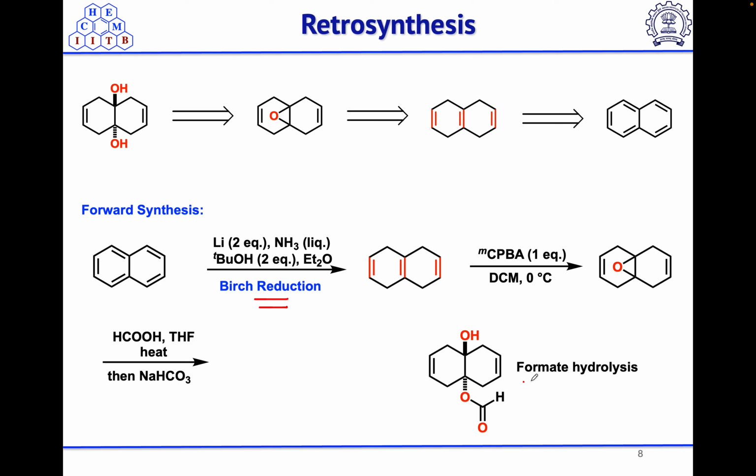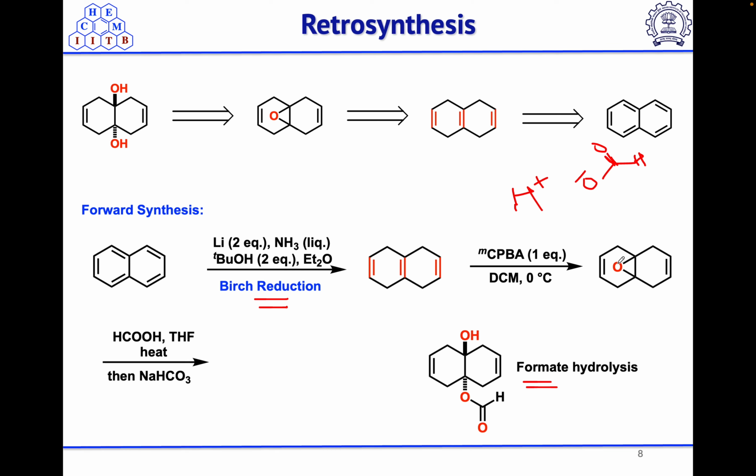How will we get this formate type of intermediate? The formic acid gives H plus and OCHO, right? So this is formic acid, and in ionic form it will look like this.